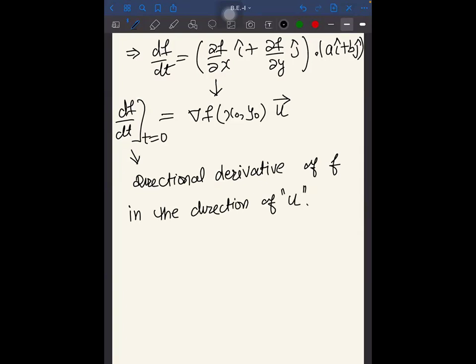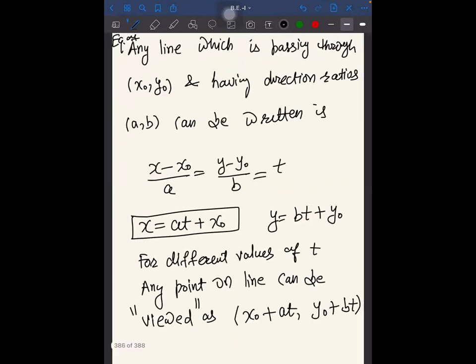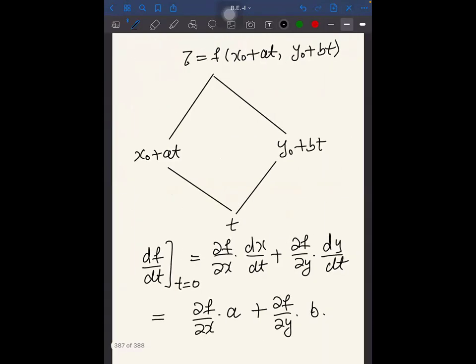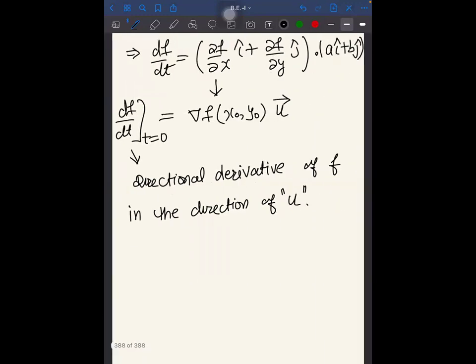In order to make things clearer, so that you can agree to the fact that this is the directional derivative and that's how it comes, that's how our chain rule is useful in deriving the directional derivative part. In questions, we'll be using only this formula.